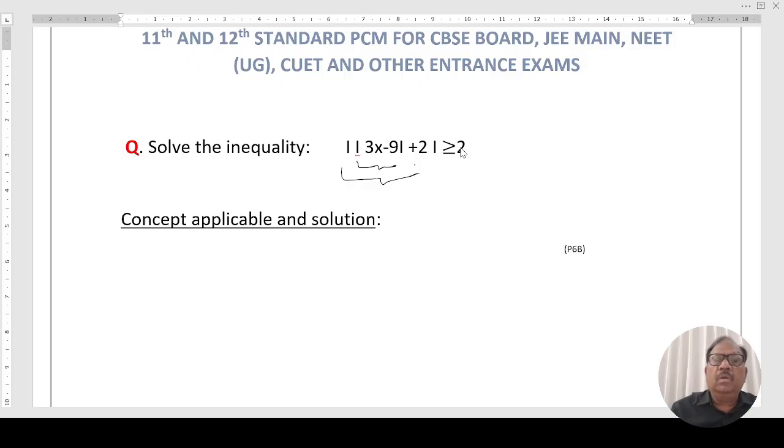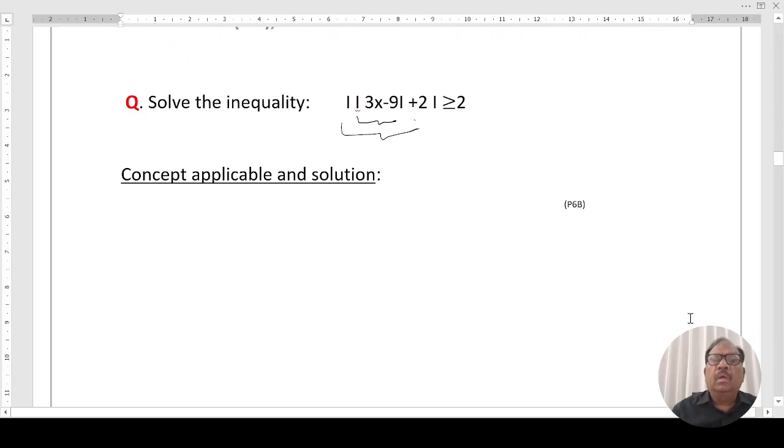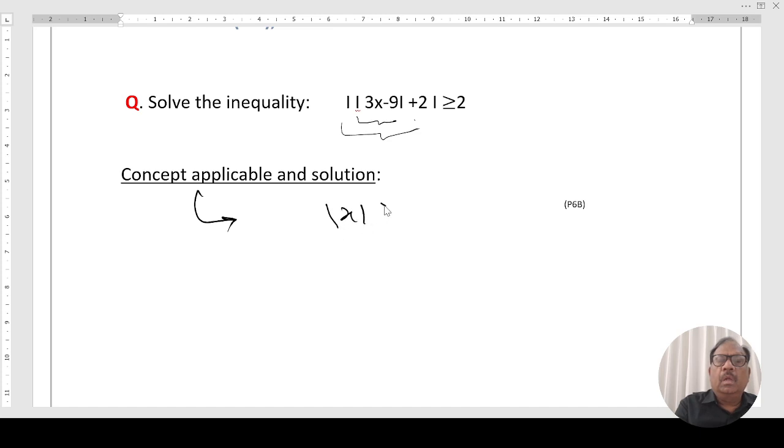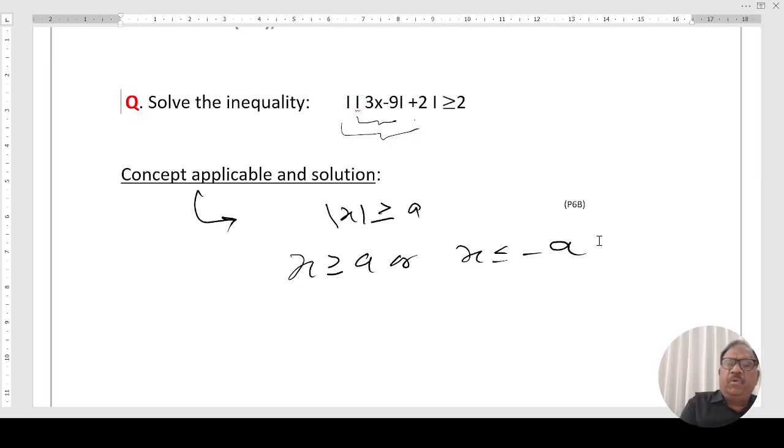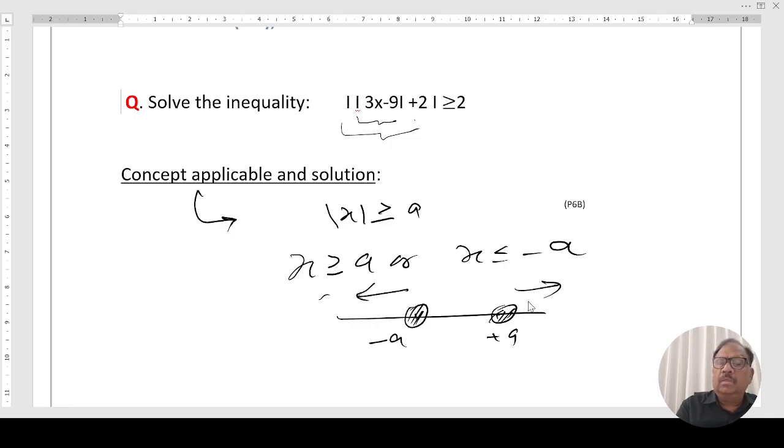Concept applicable: possible answers are x greater than or equal to a or x less than or equal to minus a. If we draw this on the number line, minus a and plus a, it is a closed interval, so dot it.